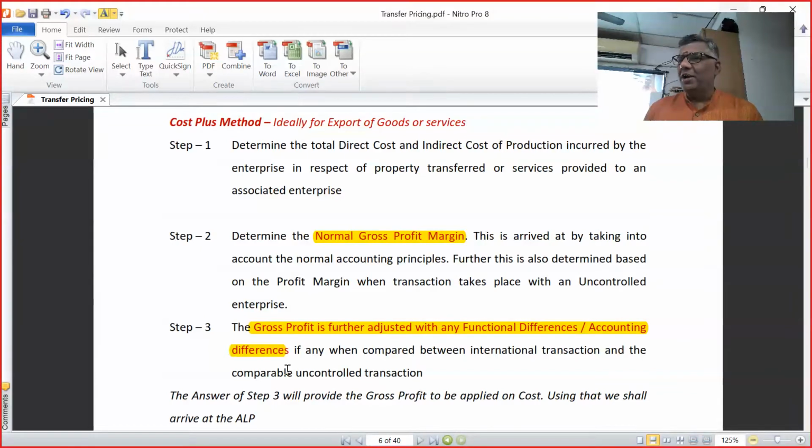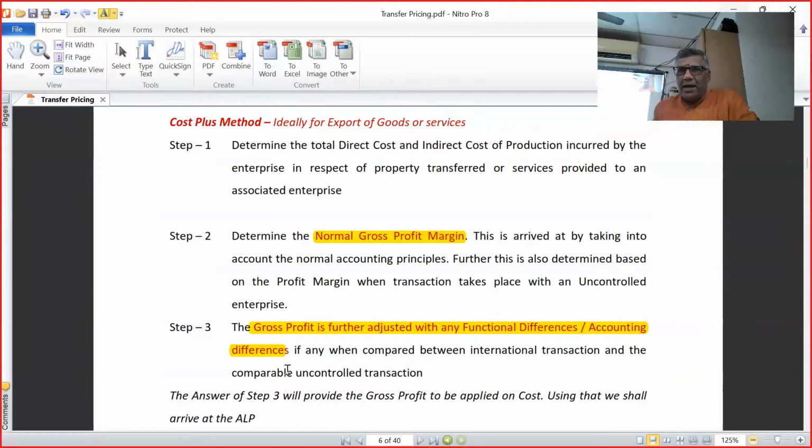Cost is already what in your costing is popularly known as sunk cost. That is already incurred. So your challenge is not finding the cost. Your challenge is finding out what should have been the gross profit earned for sales made to an unrelated party. That is where the challenge is.